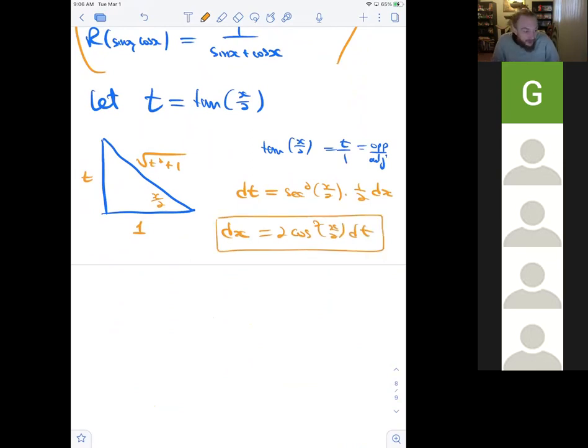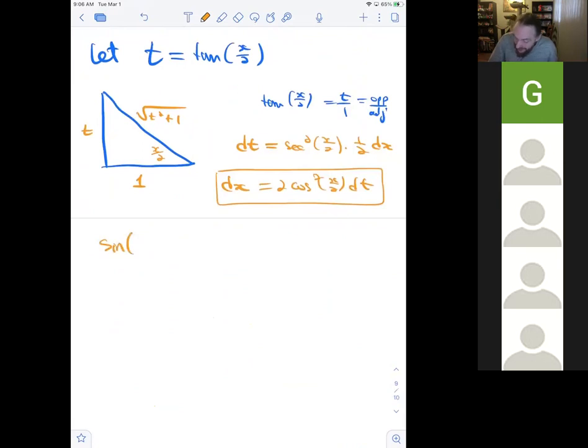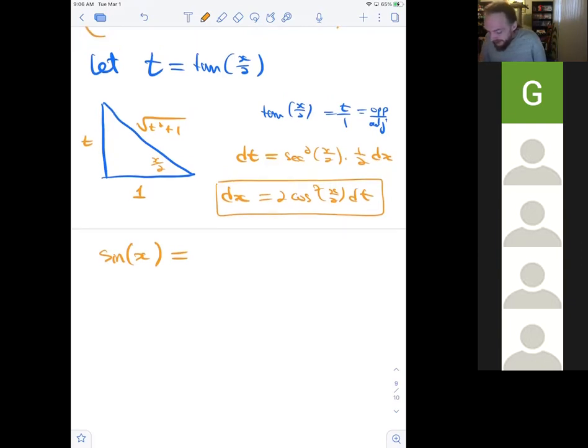But first of all, what we're going to want to do is find out what sine of x over 2 is and what cos of x over 2 is. If we look at cos of x over 2, this is equal to what?